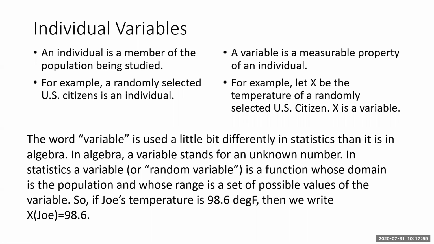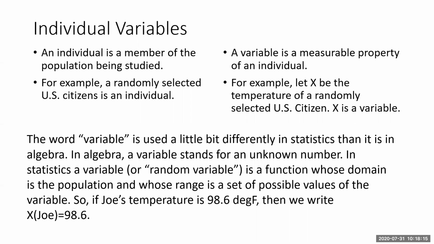This is a little bit different. It's still a measurable property of an individual, in the sense that if you were talking about the width of the book in an algebra problem, the width is something you could measure about the book.